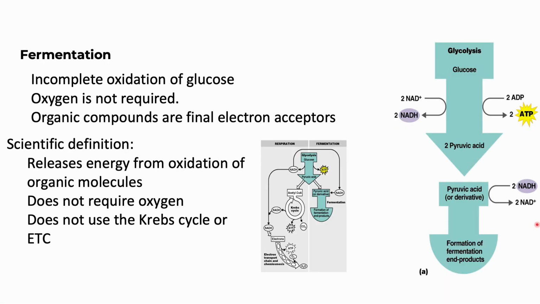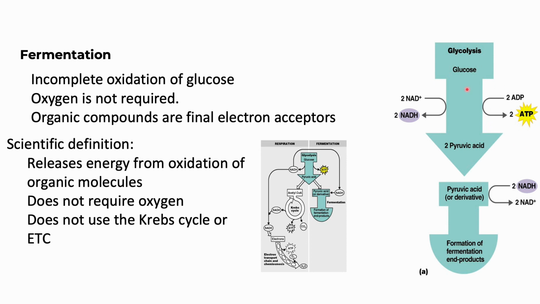All right, so as we said before, fermentation is an alternative metabolic pathway for the breakdown of glucose that takes place in the absence of oxygen. And unlike aerobic respiration, which uses oxygen as a final electron acceptor in the electron transport chain, fermentation instead will use organic compounds such as pyruvate or acetaldehyde as the final electron acceptor.